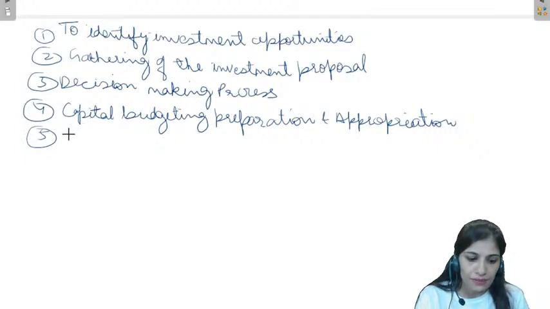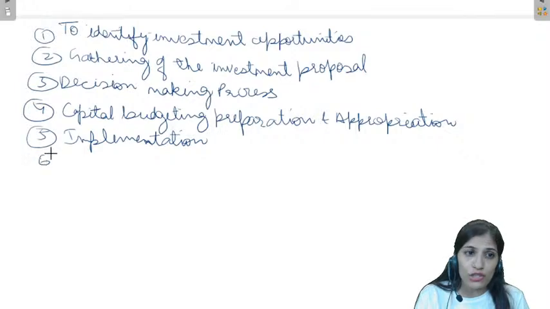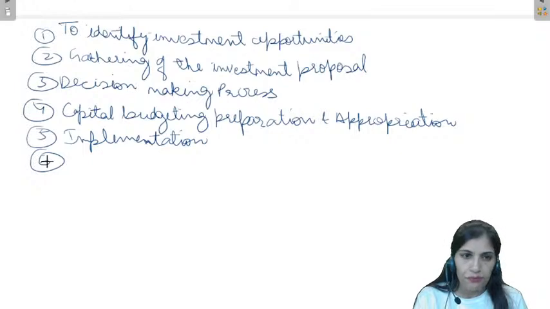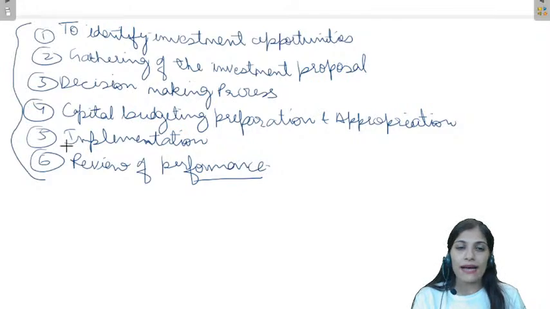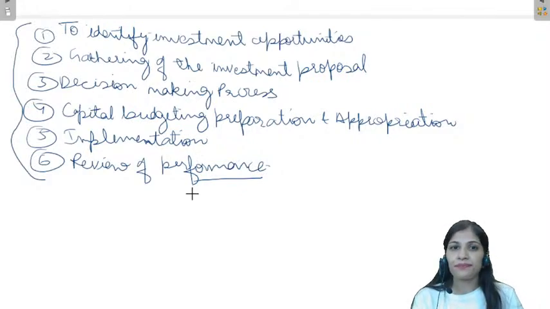After that, you can call it implementation or execution, okay. Review of performance. So these are the steps in capital budgeting, right?